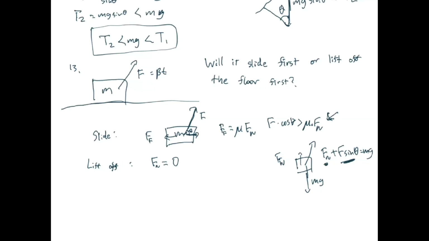And since the normal force is linearly decreasing, this basically means that it'll reach a small value before it reaches 0. Yeah, hopefully that makes some sense. So the answer is the box will slide first, always.